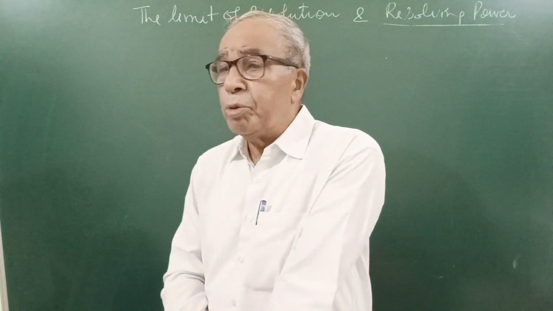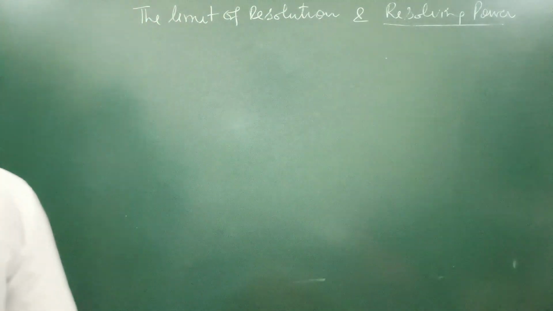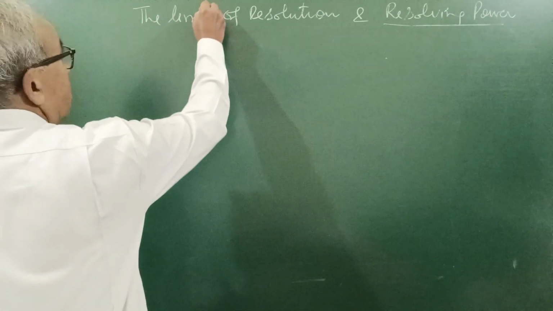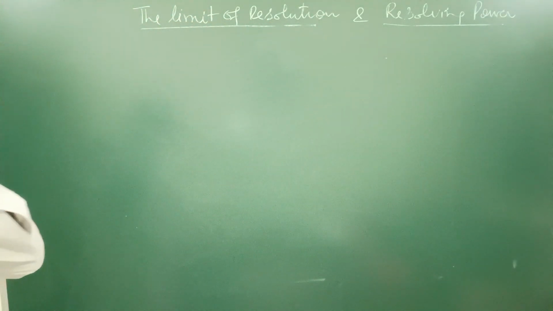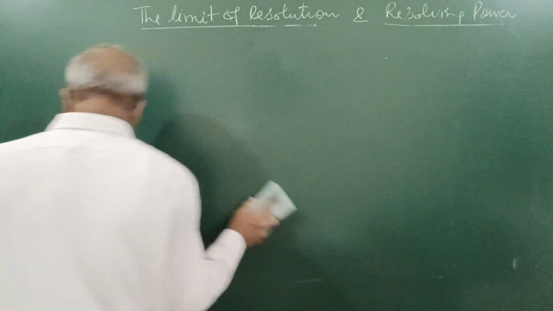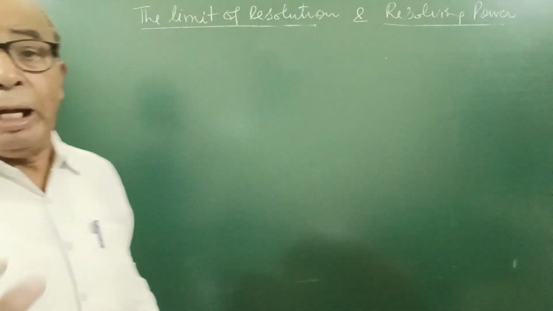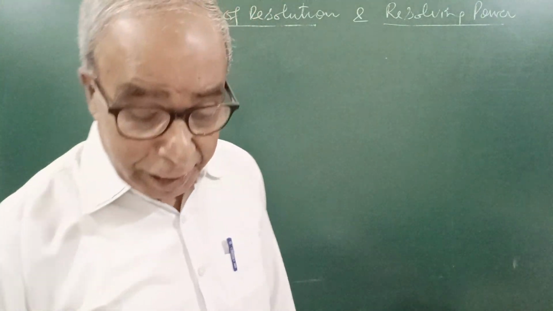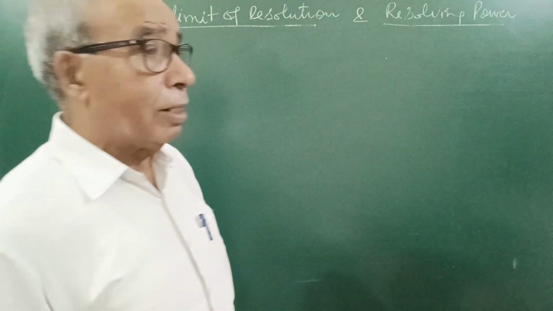Why is there a limit of resolution? What does it mean? The ability of every optical instrument to form two distinct, separate images of two point objects which are very closely placed is called resolving power. I will write it later on.